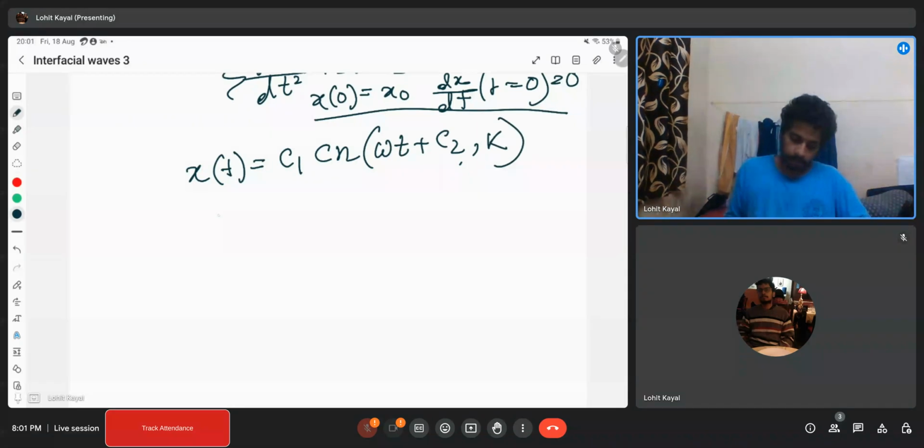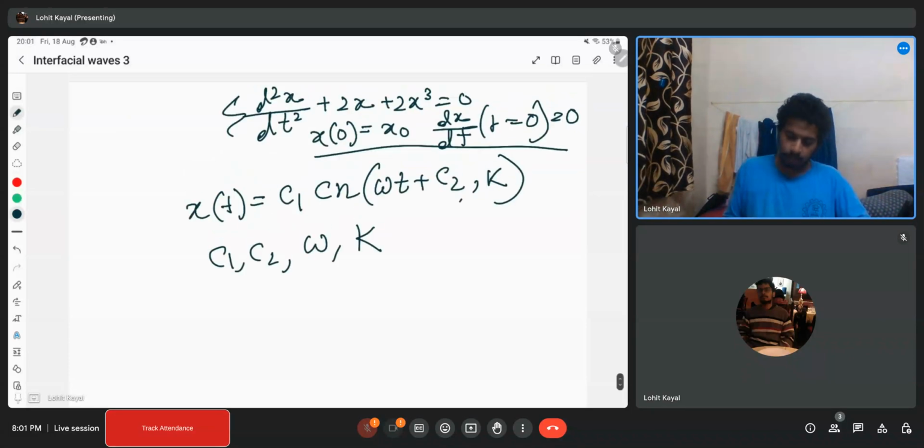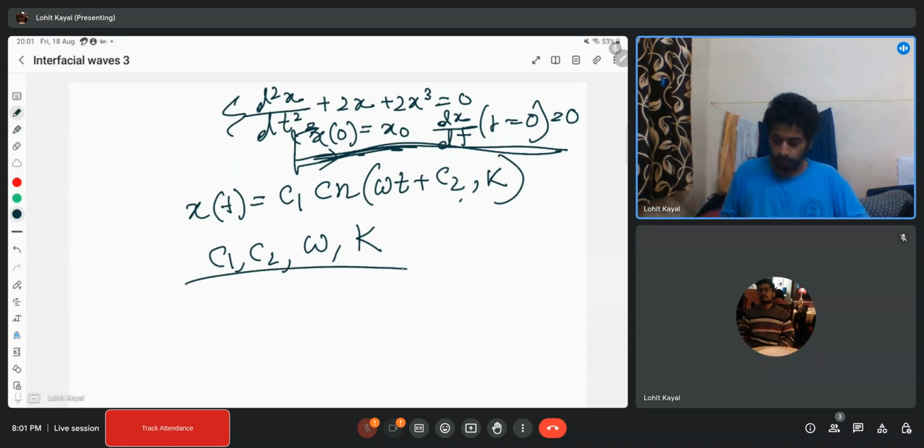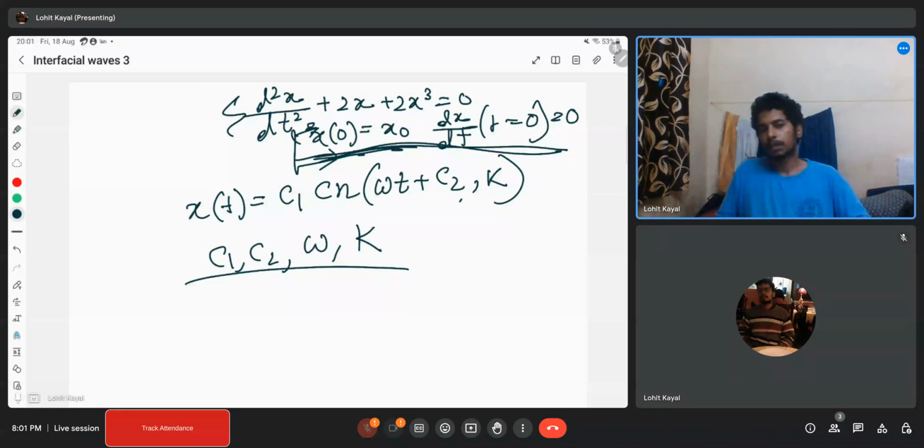Then the question is, find the expression of c1, c2, omega and k using only these variables.